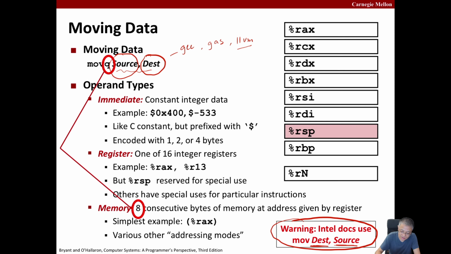Okay. So the operand can be an immediate, like this number. It can be used as the source. But it can also be registers. So it can be one of the 16 registers, like RAX, like R13. But RSP, again, is for the stack pointer.